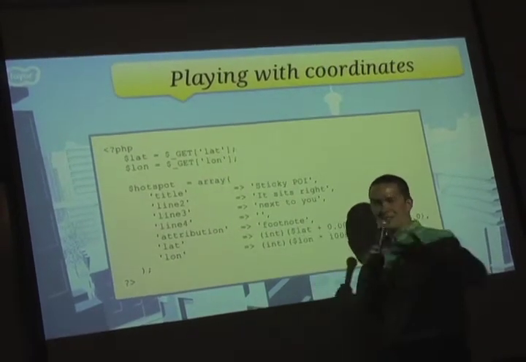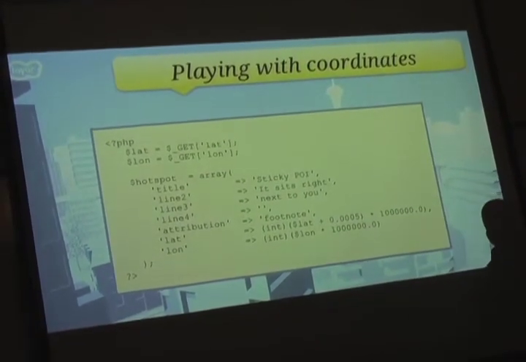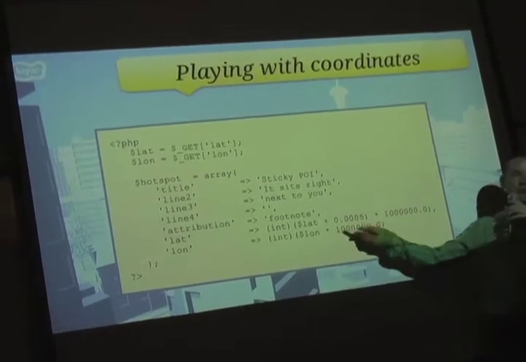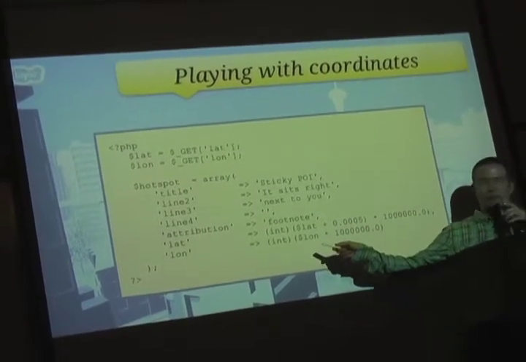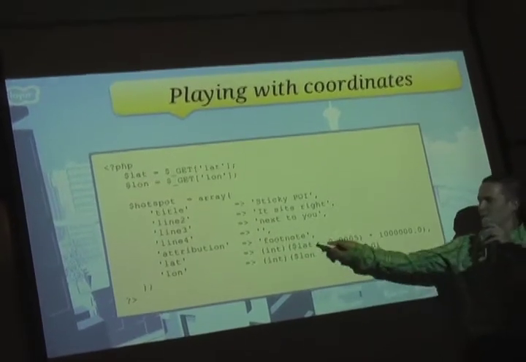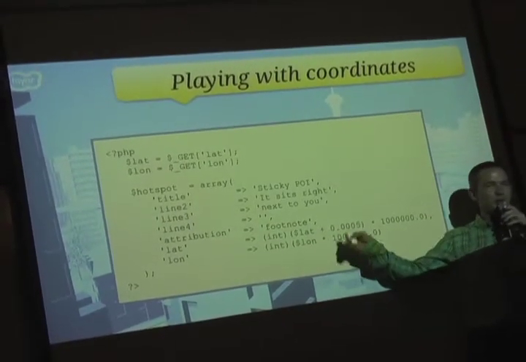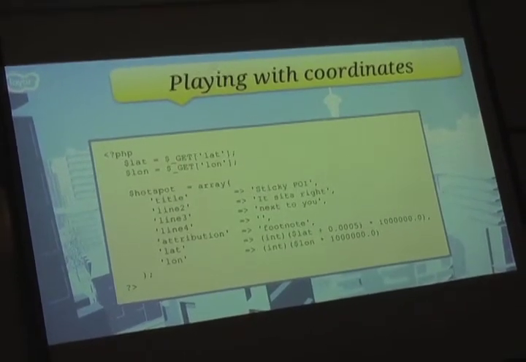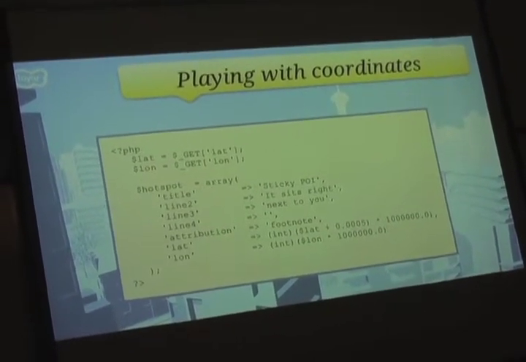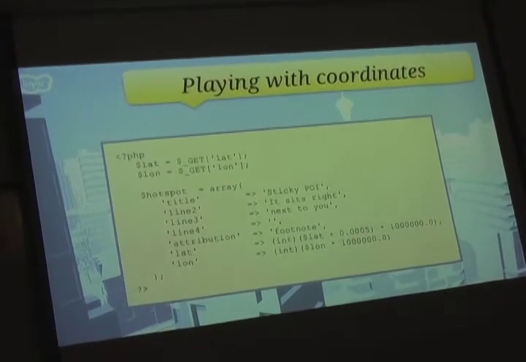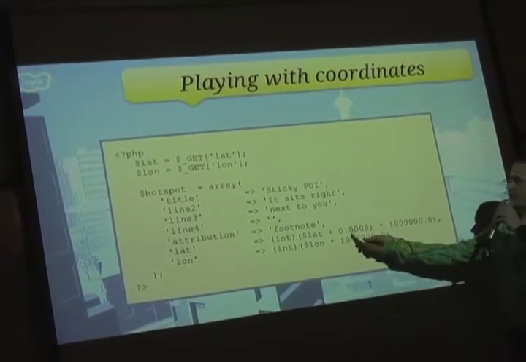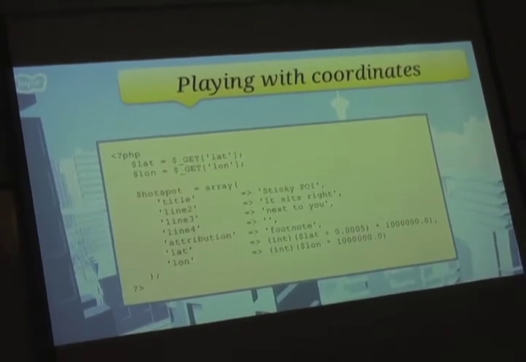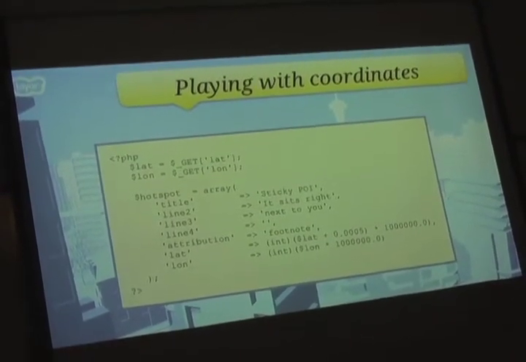I can get this latitude, longitude of the user, play with it, and use it to create my response. The way I do it here, I just tweak the coordinate a little bit and return a POI that sits right next to that guy. Is that kind of clear? Yeah, it's easy. So this one, for example, we're adding a little bit to the latitude, which means we're putting something a little bit north of the user.